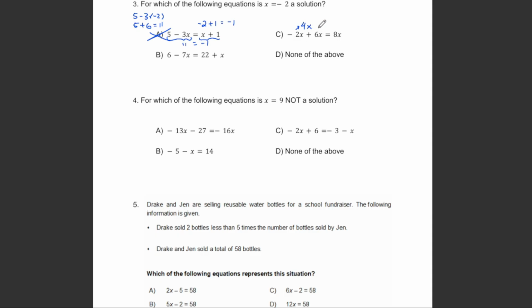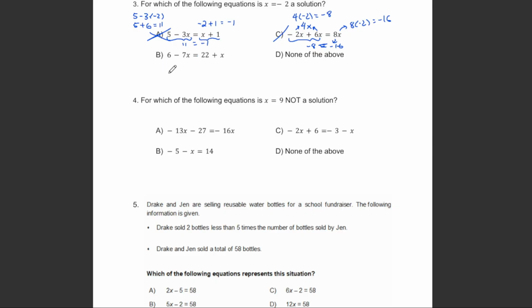I'm going to replace the x here with a minus 2. So 4 times minus 2 is minus 8. And on the right, I replace the x with a minus 2. 8 times minus 2 is minus 16. And minus 8 is not equal to minus 16. So it's not C either.